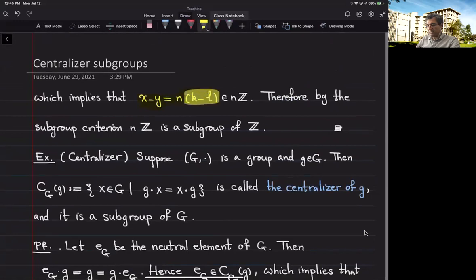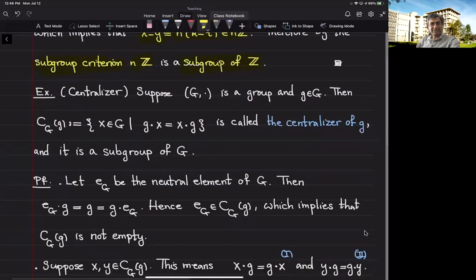Remember, k minus l is an integer because both k and l are integers. That means x minus y is an integer multiple of n, and that means it is inside nZ. Therefore, by the subgroup criterion, nZ is a subgroup of the integers under addition.